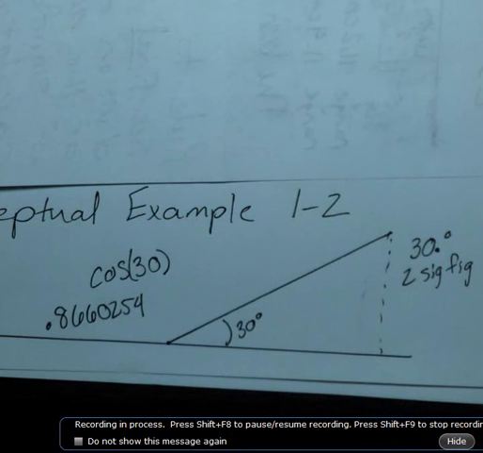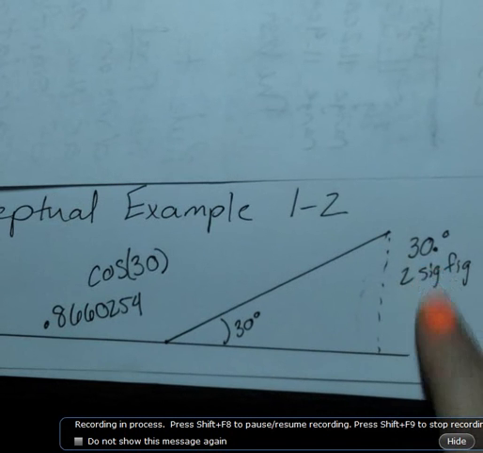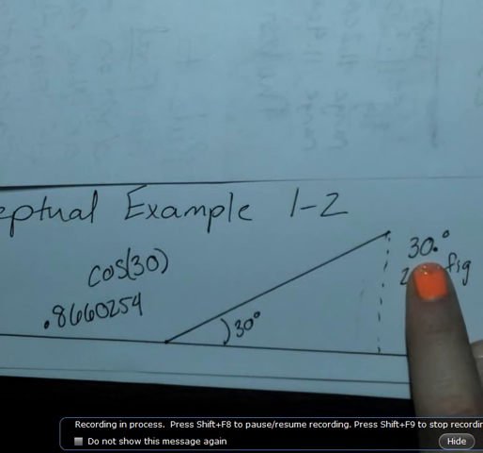You see, we only had an accuracy of plus or minus 1 degree. So when we take the cosine of this 30-degree angle, we only have that accuracy within plus or minus 1 degree.